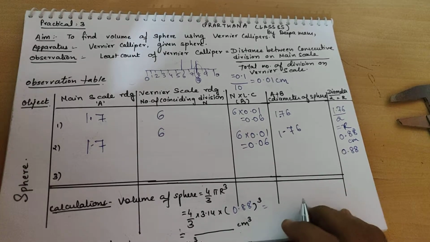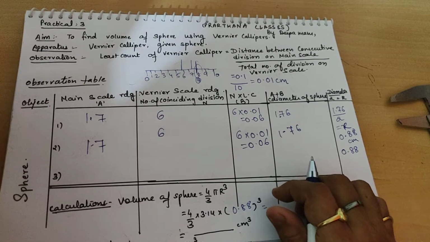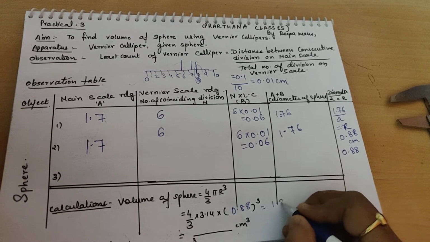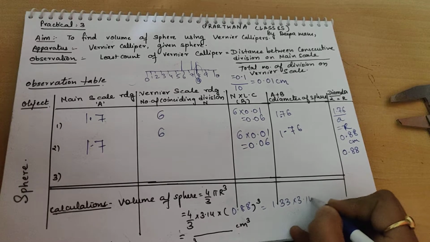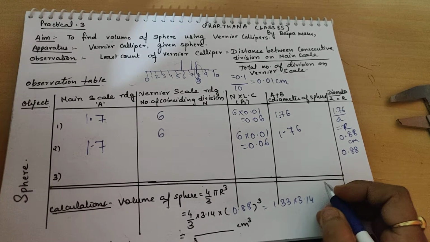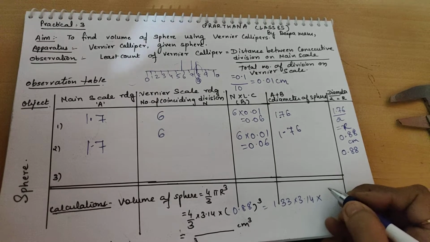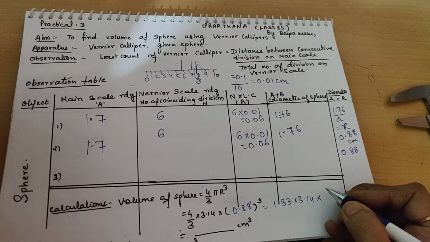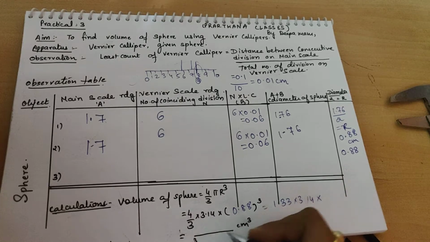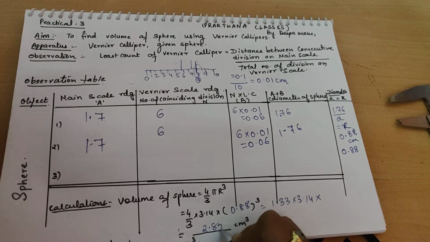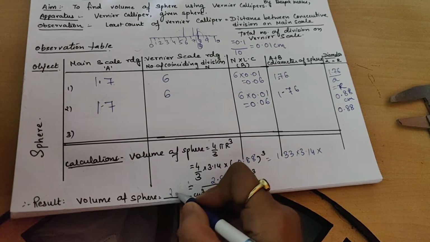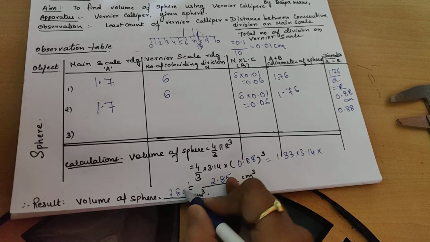So if I calculate this, 4 divided by 3 is 1.33, into 3.14 into 0.88 into 0.88 into 0.88. So that value comes out to be 2.85 centimeter cube. Fine. Ultimately this value comes out to be 2.85 centimeter cube.